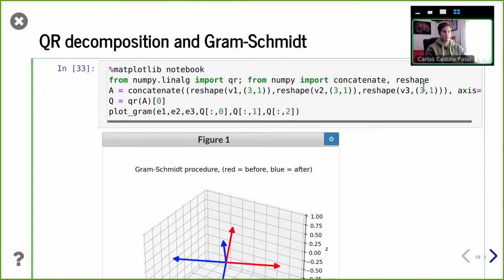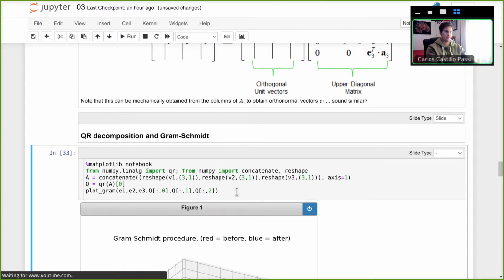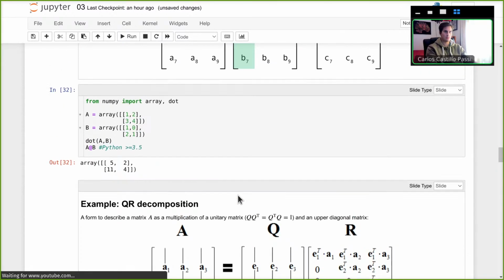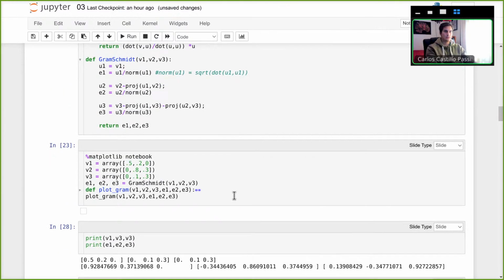Those vectors are the same as before. Here I'm not showing how I imported matplotlib because I defined some other functions. Let me show how to do it.